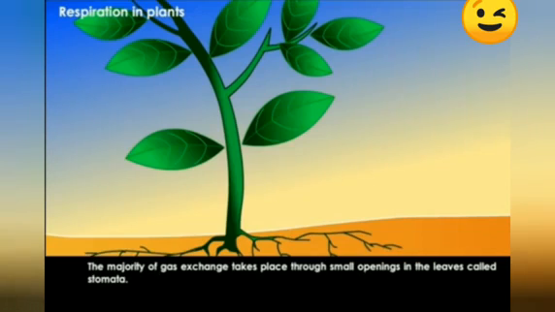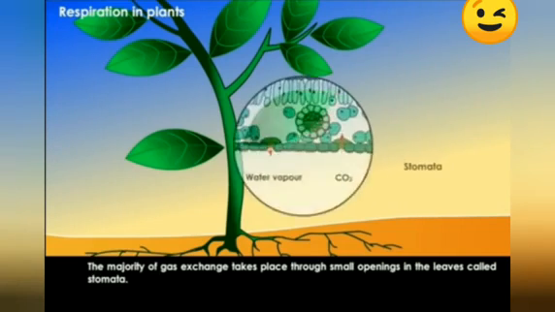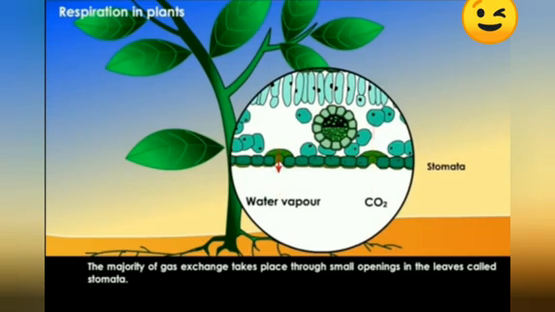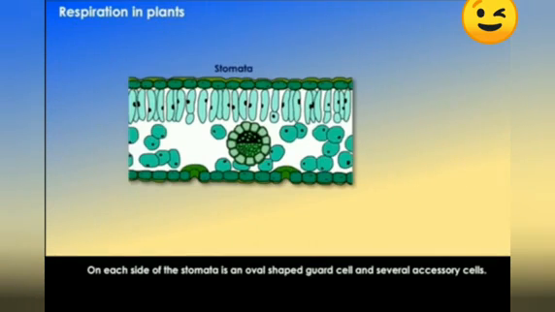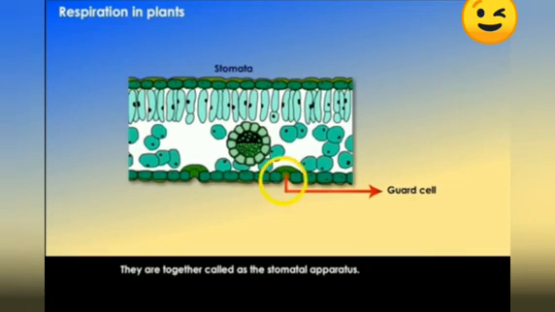The majority of gas exchange takes place through small openings in the leaves called stomata. On each side of the stomata is an oval-shaped guard cell and several accessory cells. They are together called the stomatal apparatus.